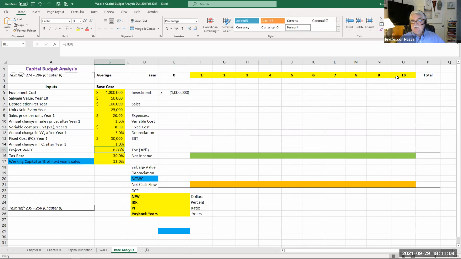The second variable is it's going to have a salvage value of $50,000, meaning we're going to depreciate it $100,000 every year for 10 years.